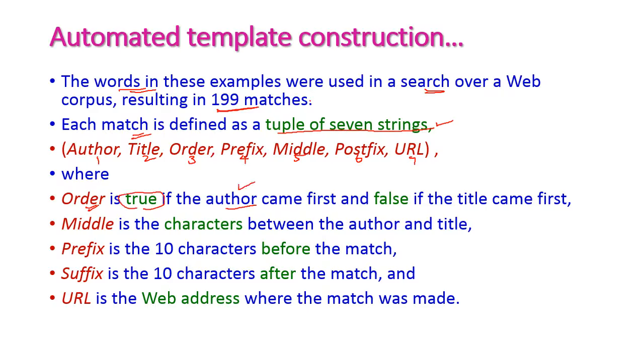If order is false, the title comes first. Middle is the characters between author and title. Prefix means the 10 characters before the match. Suffix means 10 characters after the match, and URL is the web address where the match was made.